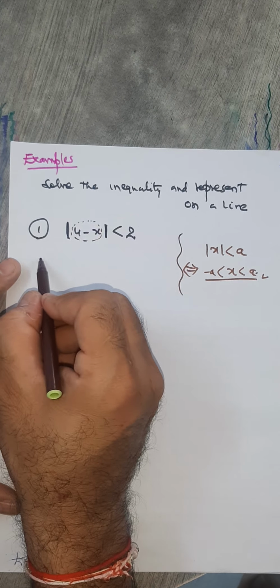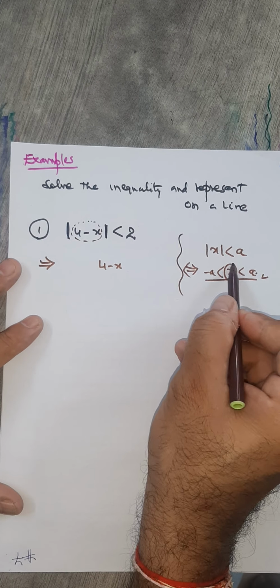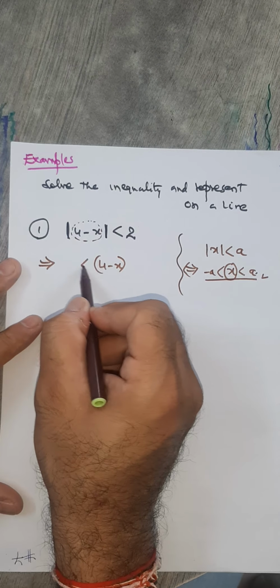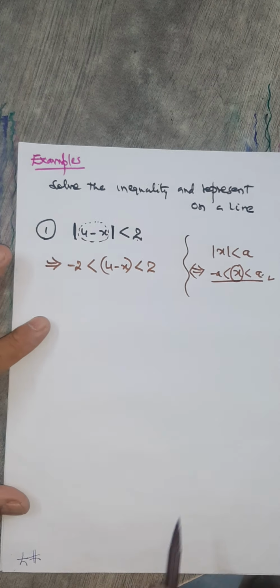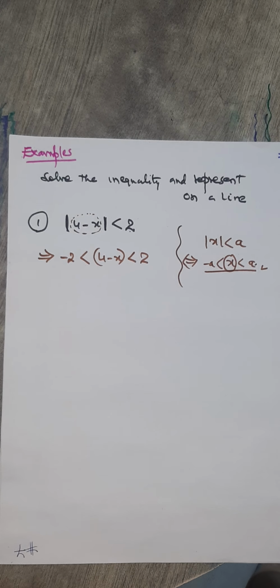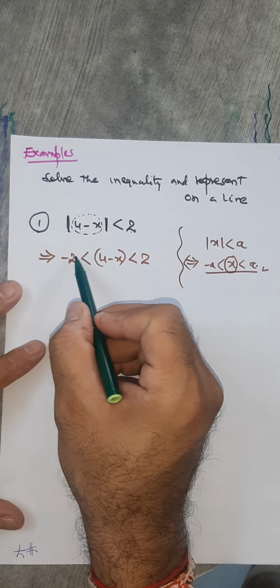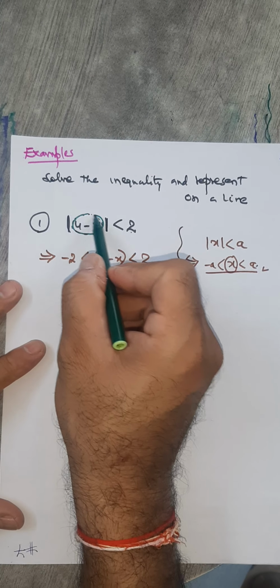So if I imagine this is like x, it implies 4 minus x, that's like x, is between which two numbers? Minus 2 to plus 2. I did nothing. I will just use this result straightforward, remember. I repeat, this is like a. So minus a to plus a. This inner expression is like x.